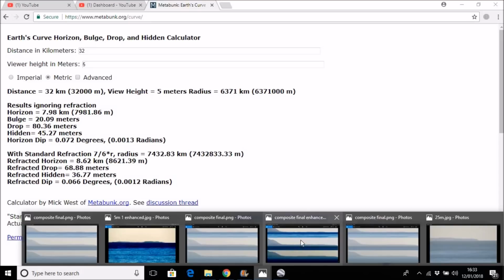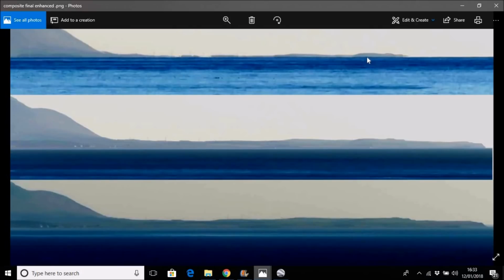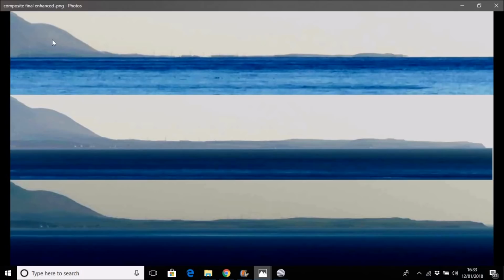And what we observe from the 5-meter height is that we see this area here, which we know is 50 meters, a larger area here to 40 meters, and then we're presumably picking up other things at around 40 meters in that area, leading up to the rise up to the Black Combe Hill. So in perfect agreement with the curvature calculators for the distance and the elevation height that we are observing from.